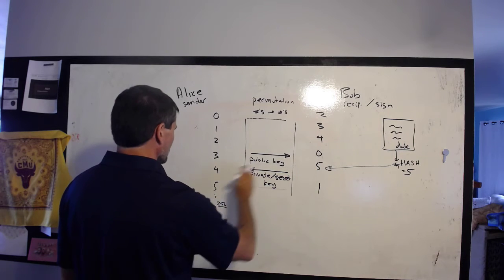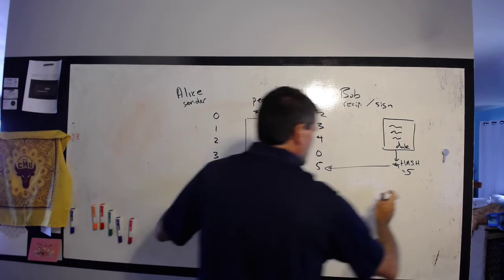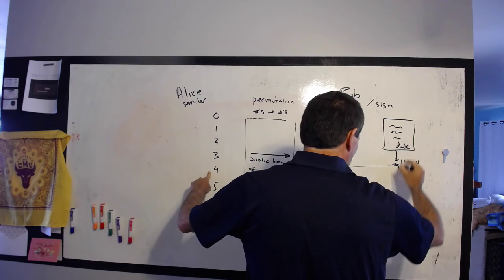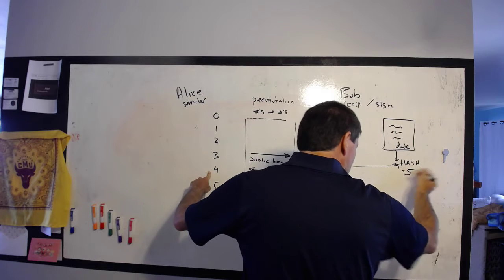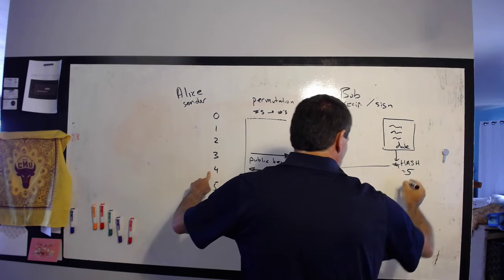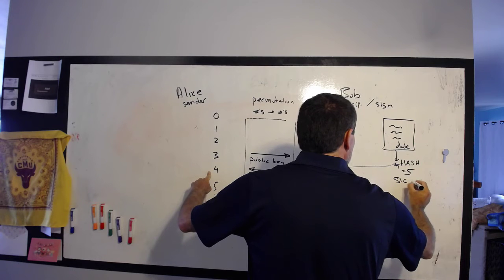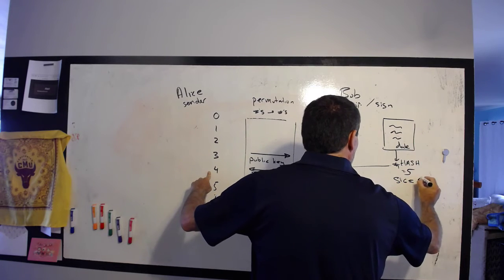Over here he puts down the hash. He doesn't have to write it down because anybody can compute it from the original document, but he could, and there's no harm in writing it down because it's public anyway. And then the signature is actually the number 4 in this case.